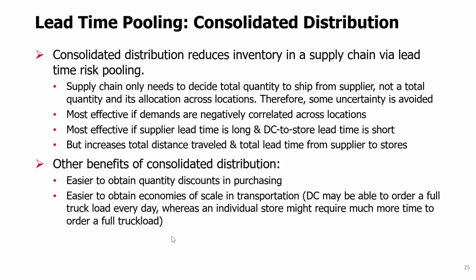And also it's easier, of course, to obtain economies of scale for the same reason, right? There's one big shipment to this DC, whereas stores might require much smaller quantities delivered to them and less than full truckloads, for example.